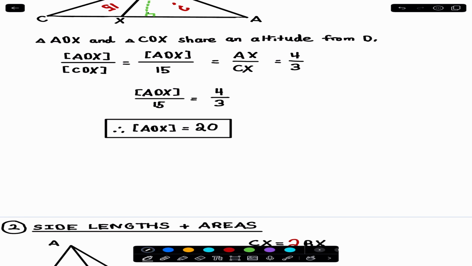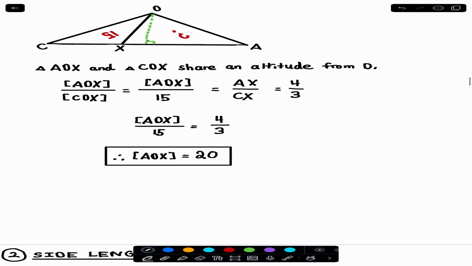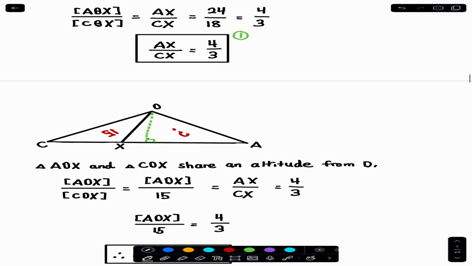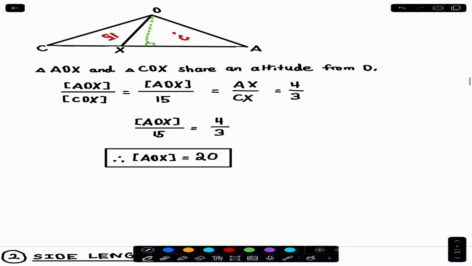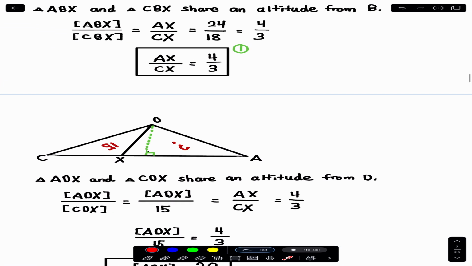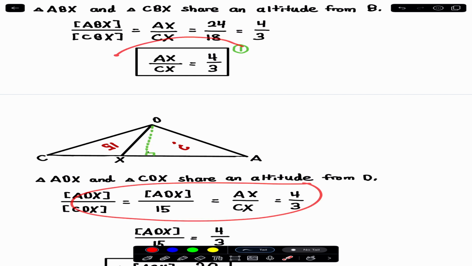So, a couple things to go over. I think we can all agree that solving this is not the hard part, and it's not the most important step. The important part is seeing these triangles which share an altitude, and setting up these equations.